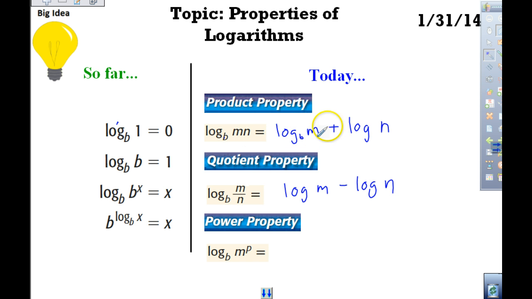I could put log base B, base B, base B. And lastly, I could try to simplify what this is and find out B to what power equals this number, but it turns out it's the same thing if I just figure out this part first, and then just multiply it by P, so times P.